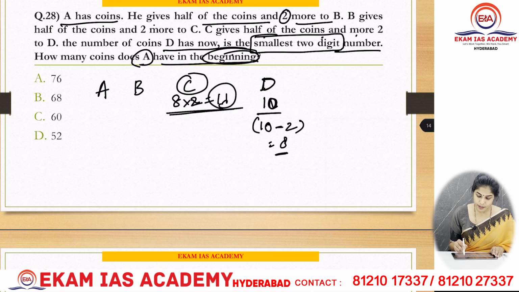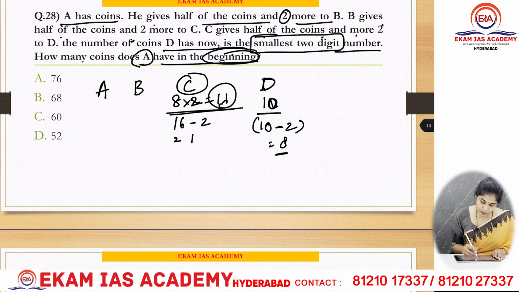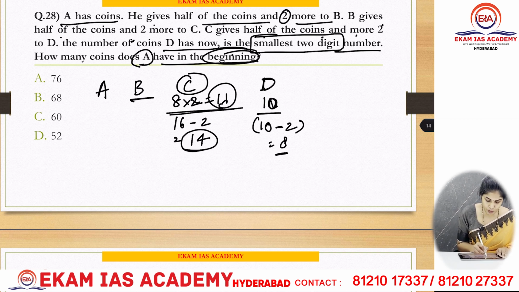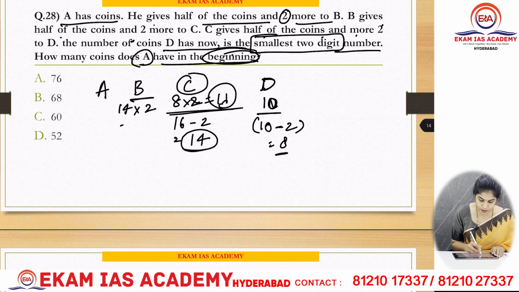B gives half of the coins and 2 more to C. So I am deleting that 2 more. The result is 14. This 14 is the half of the coins which B has, so B's coins would be 14 into 2, which is 28, right?